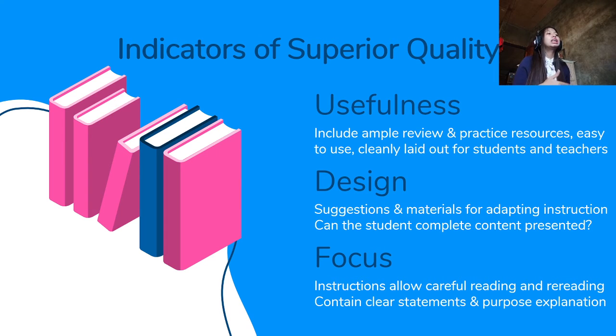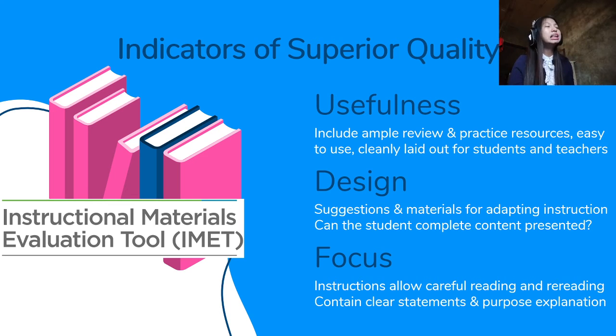Okay, it should contain clear statements, so clarity is being repeated already, and purpose explanation. So this type of evaluation is from the IMET, or Instructional Materials Evaluation Tool, outside the Philippines. So if you are to search IMET on Google, you will see these indicators.